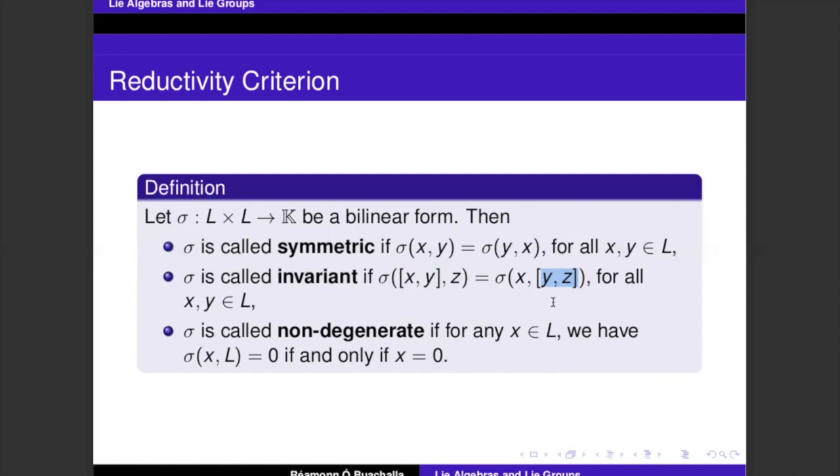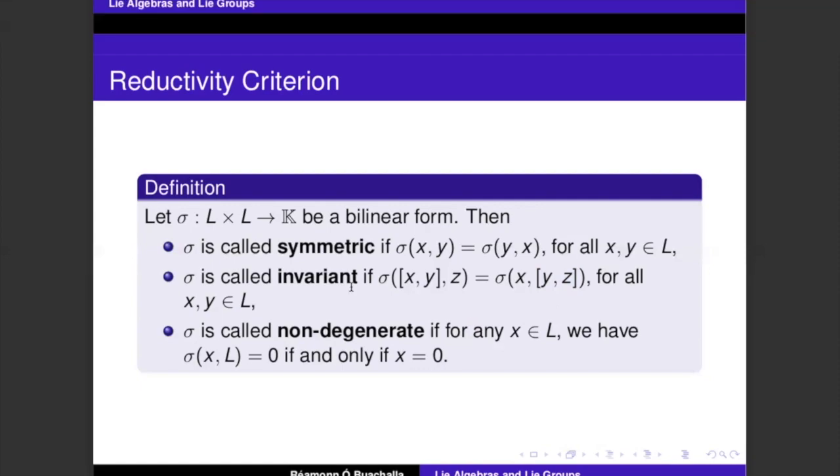This is a common thing in mathematics: when you have two different ways of carrying out a process, oftentimes you don't want them to give you two different answers. You want the same answer in both cases. And this is what's going on here. We're basically saying it doesn't matter if we do our trick of taking the Lie product at the start or at the end, it's going to give us the same thing.